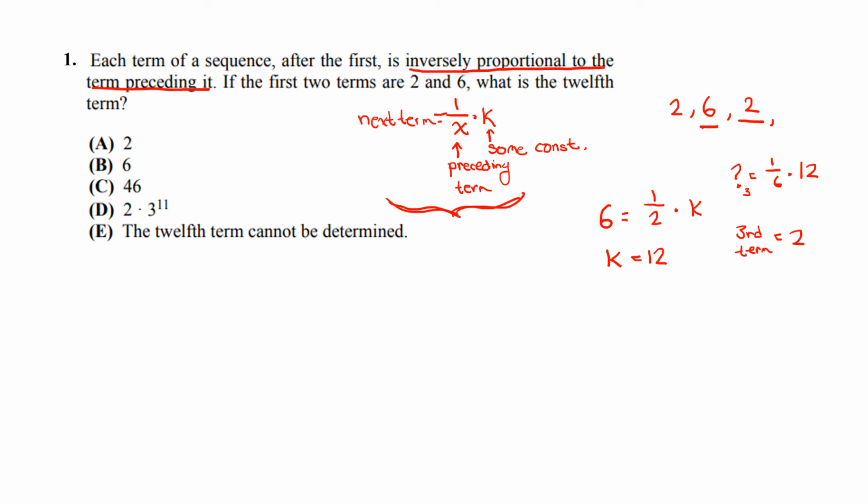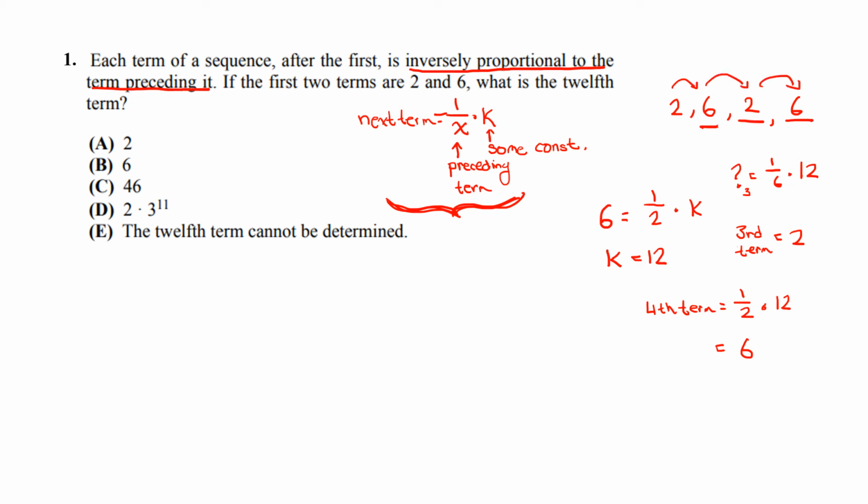Now if we continue this pattern, let's find the fourth term. It equals 1 over 2, using the same equation, times k, which is 12, and we get 6. So we see this repeating pattern. It goes 2, 6, 2, 6.